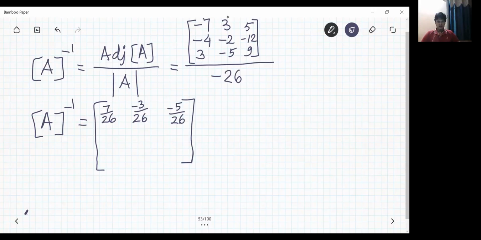Then 4 by 26 means it is 2 by 13. Then 2 by 26 means 1 by 13. 12 by 26 will be 6 by 13.